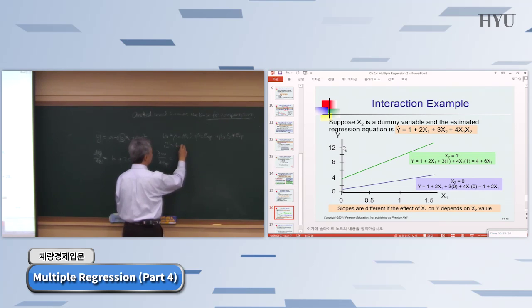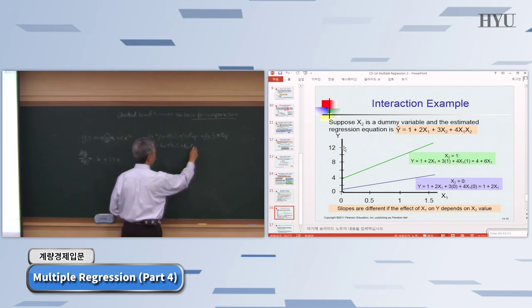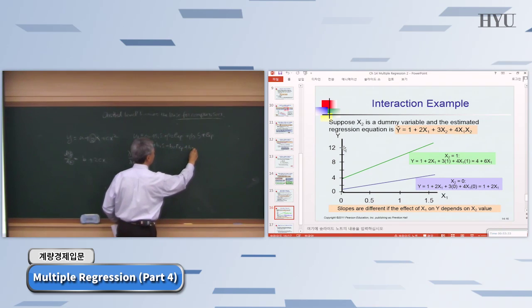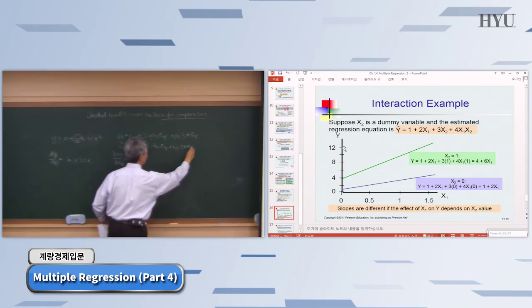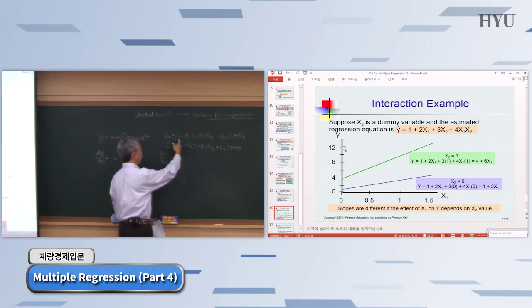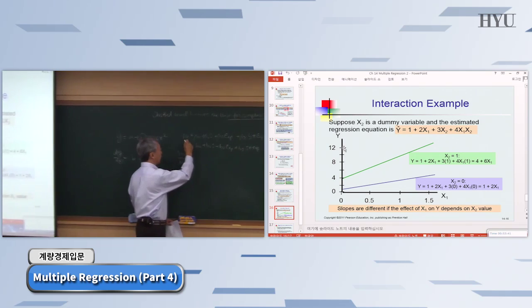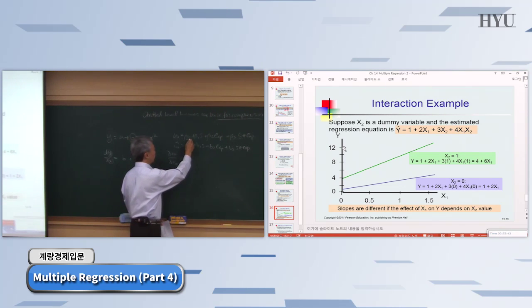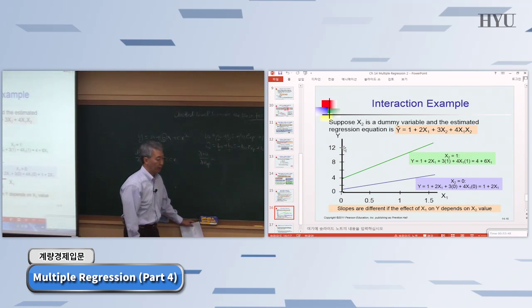Suppose we estimated the model. You know the difference between beta and B, right? This is the model, and this is the population parameter. This is the sample statistic, the estimated value.